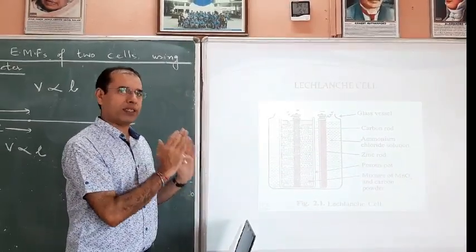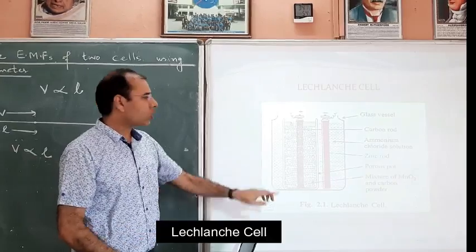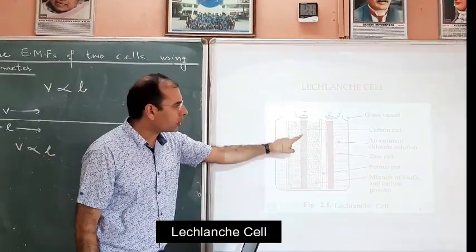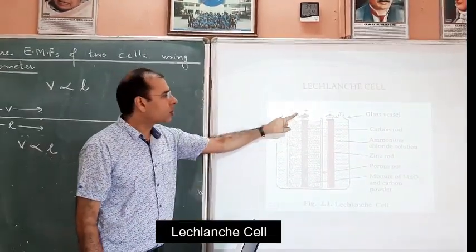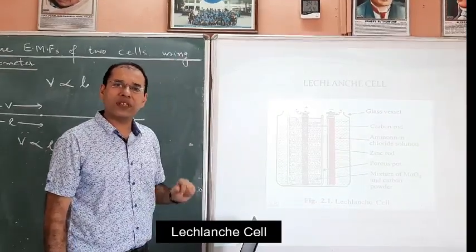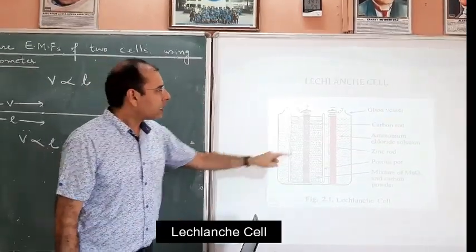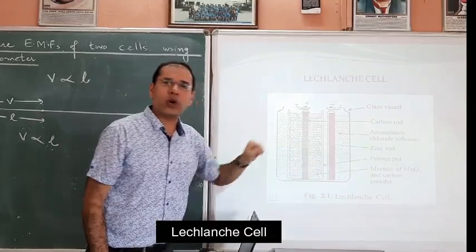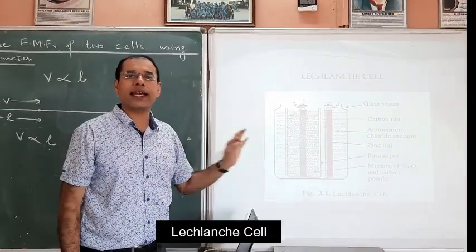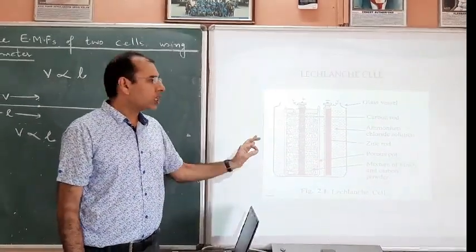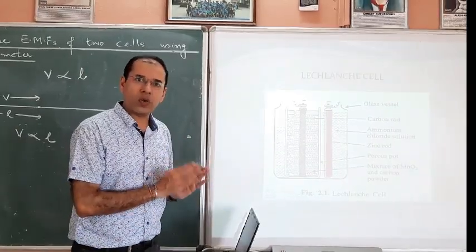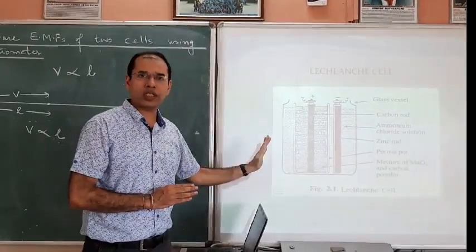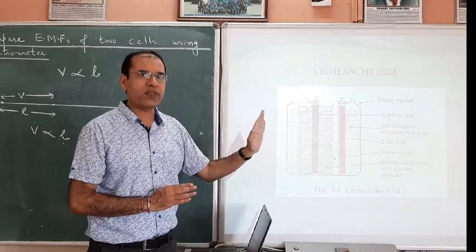You don't have to prepare the cell. You just need to know that the carbon rod in this cell is to be taken as the positive electrode, whereas the zinc rod is to be taken as the negative electrode. More than this, other things are not required. So we focus on the positive electrode and the negative electrode.